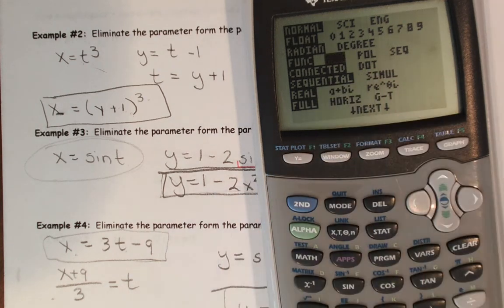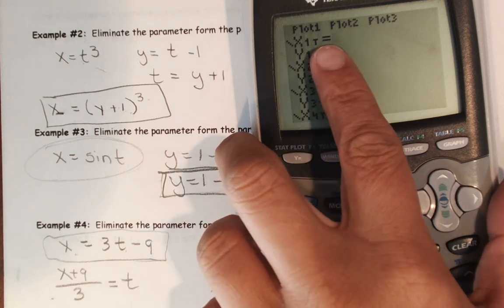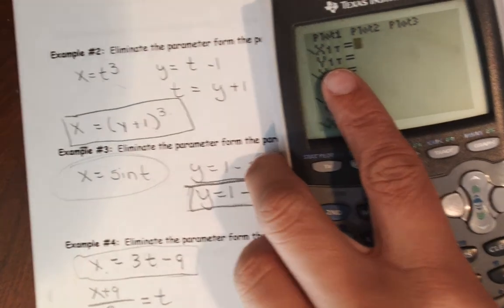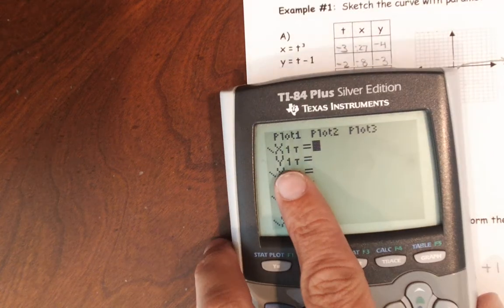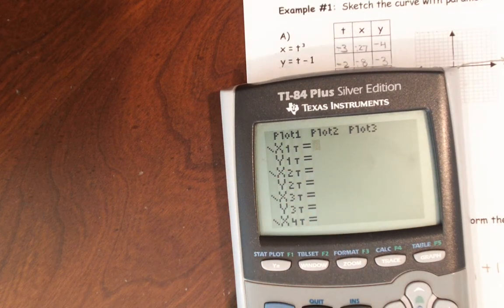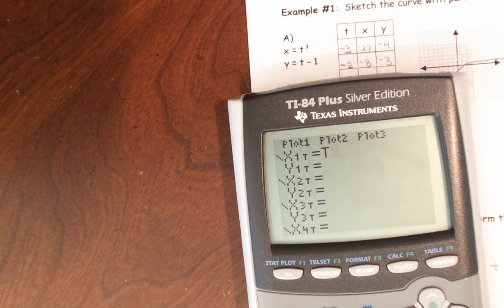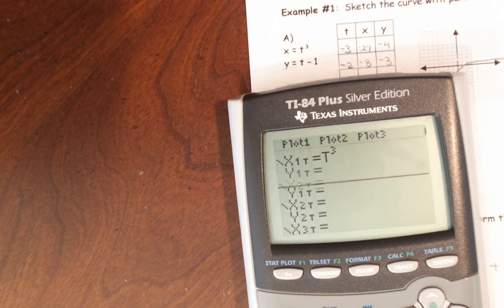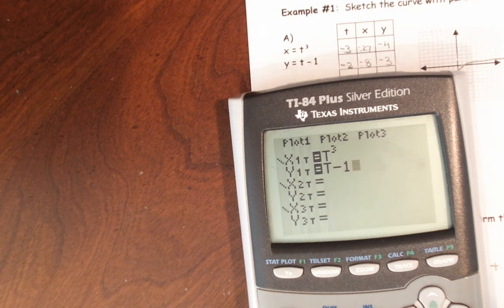We used polar in the last chapter. In parametric, if I just went to graph, notice it says x sub 1 of t, y sub 1 of t. If I wanted to graph this one, I would press this button, and notice t comes up. So t cubed and then t minus 1.